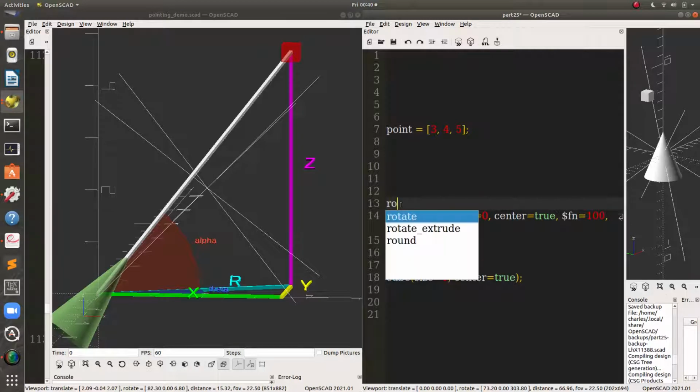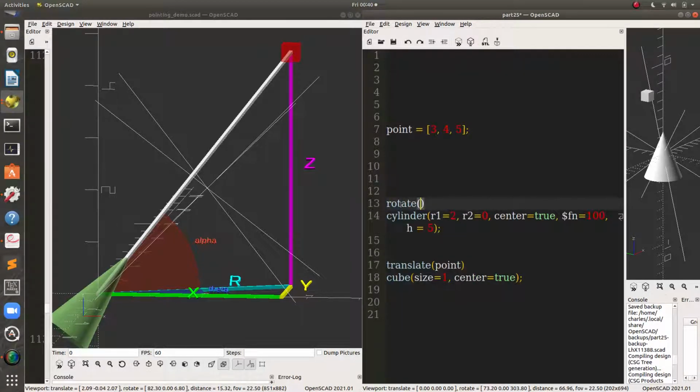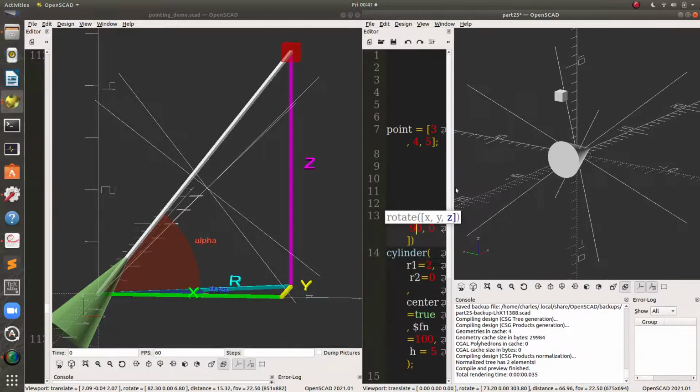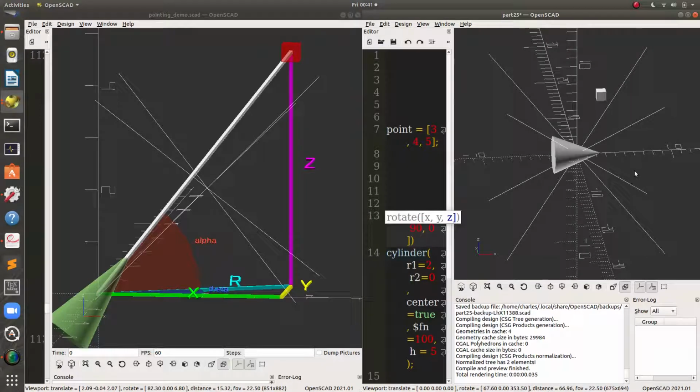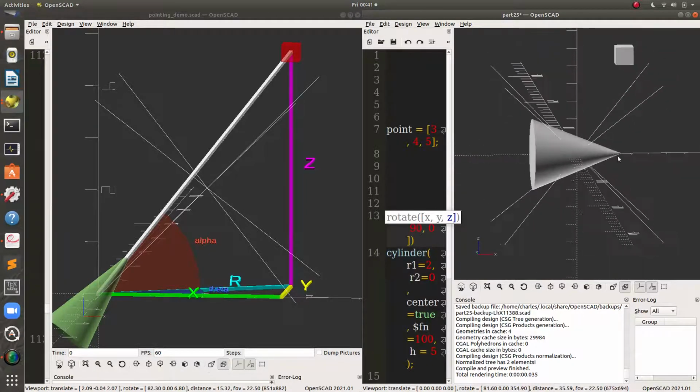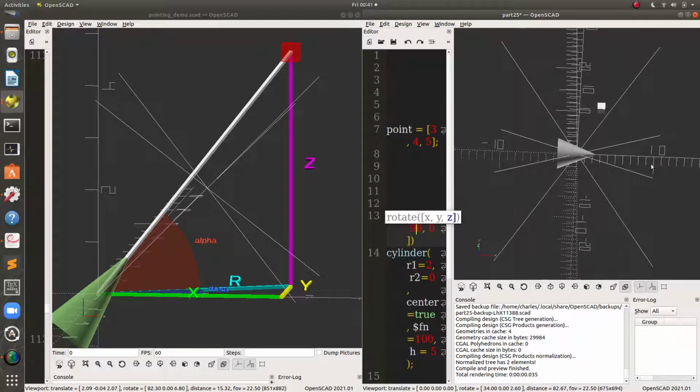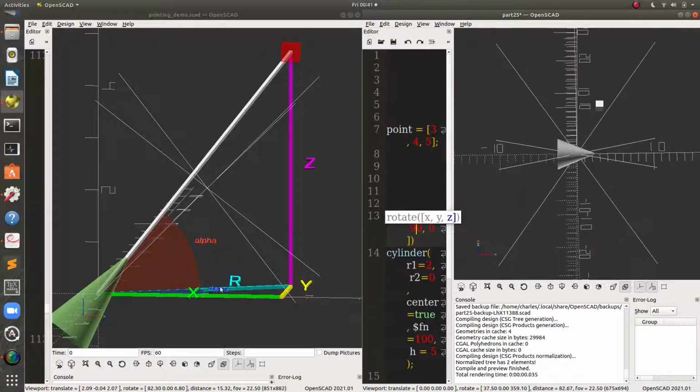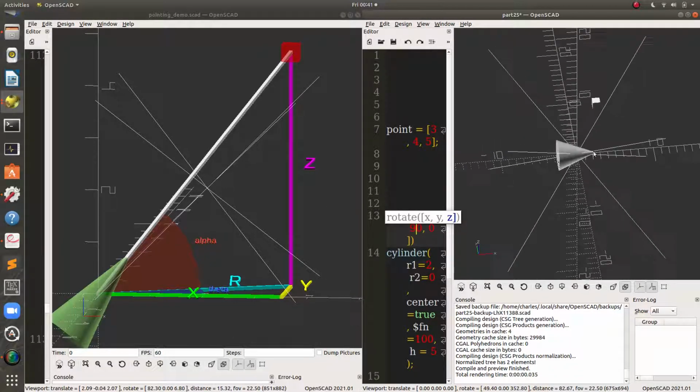So I'm going to rotate the cylinder around the y-axis, and we want to rotate it 90 degrees, I believe. Yes. Positive 90 degrees. And that gets us pointing in this direction towards the positive x-axis. So that's kind of where we start out here.